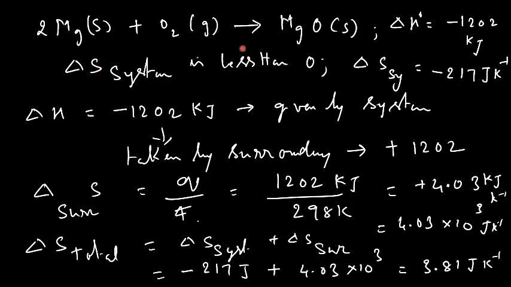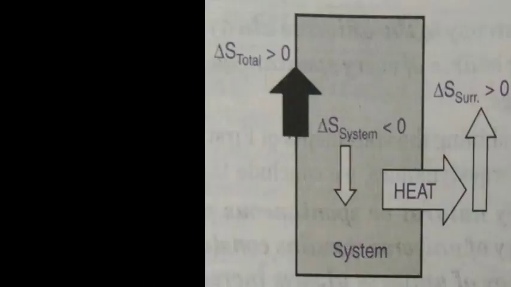So magnesium burns in oxygen to give magnesium oxide, and this becomes spontaneous. So what is the condition here? Out of delta S system, delta S surroundings and delta S universe, even if the delta S system is negative, if the delta S surroundings is greater than delta S system, then the process becomes spontaneous. This we can understand by a diagram. Here, heat is given by the system, so the entropy or randomness of the system decreases.